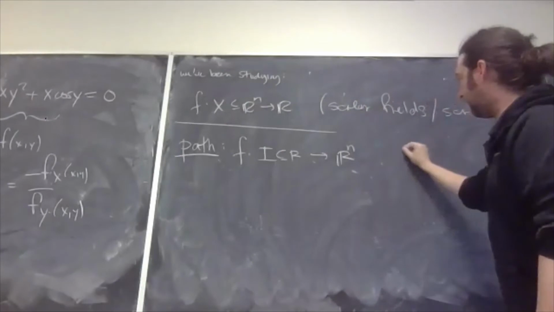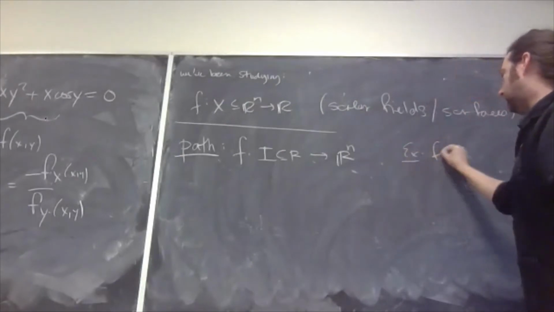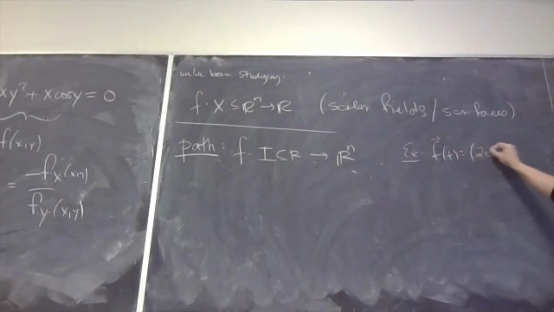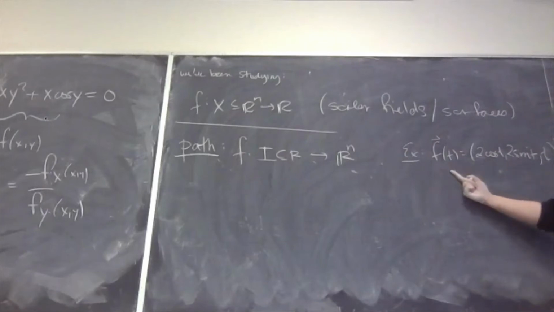As an example of a path, you can think about f of t equals 2 cosine t, 2 sine t, t. This is a helix, right? There's no surface here. Nothing is connected because this function spits out a one-dimensional image because the input was one-dimensional, but it takes in one variable and spits out some curve.